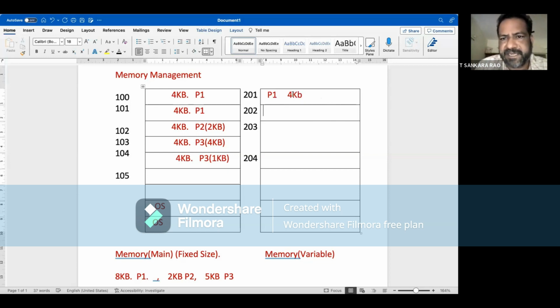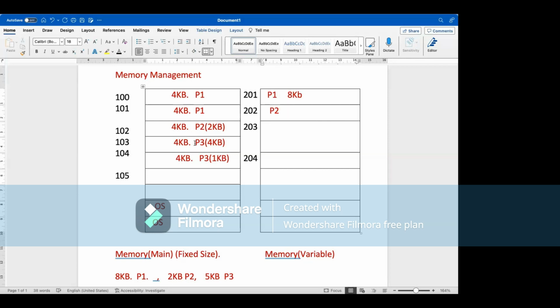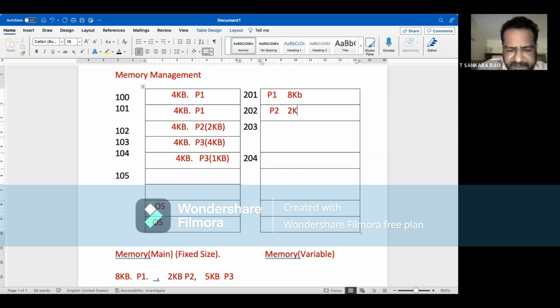Entire P1 is 8 KB, not like fixed size. And P2, how much? 2 KB, sir. Yeah, good, 2 KB. So the sizes of the partitions are not fixed.